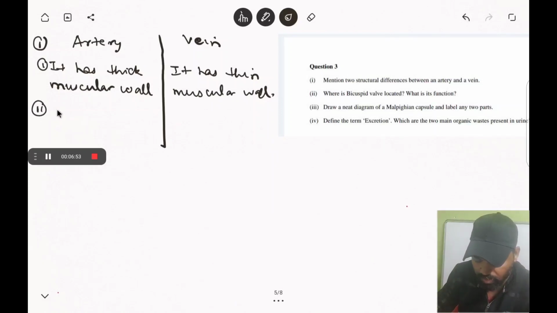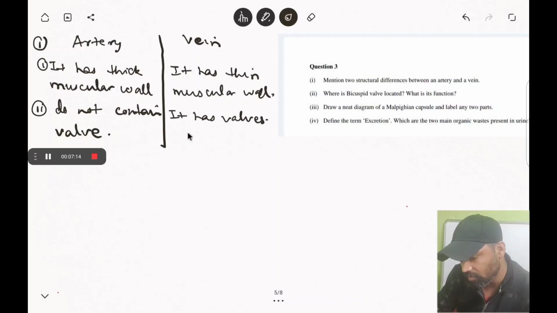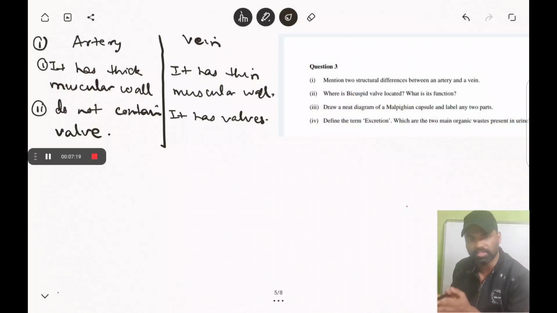Number 2. Arteries do not contain valves. But veins have valves. So these were 2 structural differences between artery and vein: thick muscular wall, thin muscular wall; they do not have valves, they have valves.